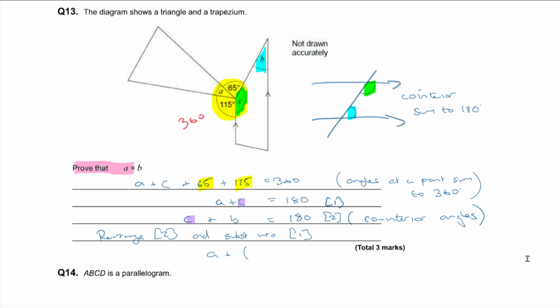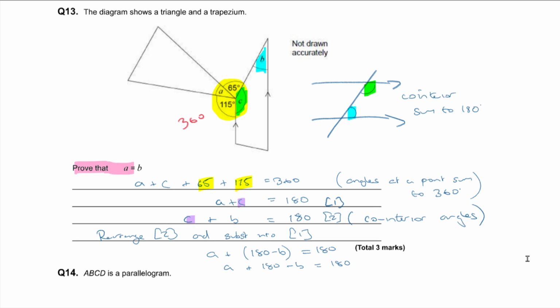So C is 180 minus B, and that is equal to 180. Making C the subject and replacing C in equation 1 with what I've got, then removing the brackets, I'm going to get A plus 180 minus B is equal to 180.